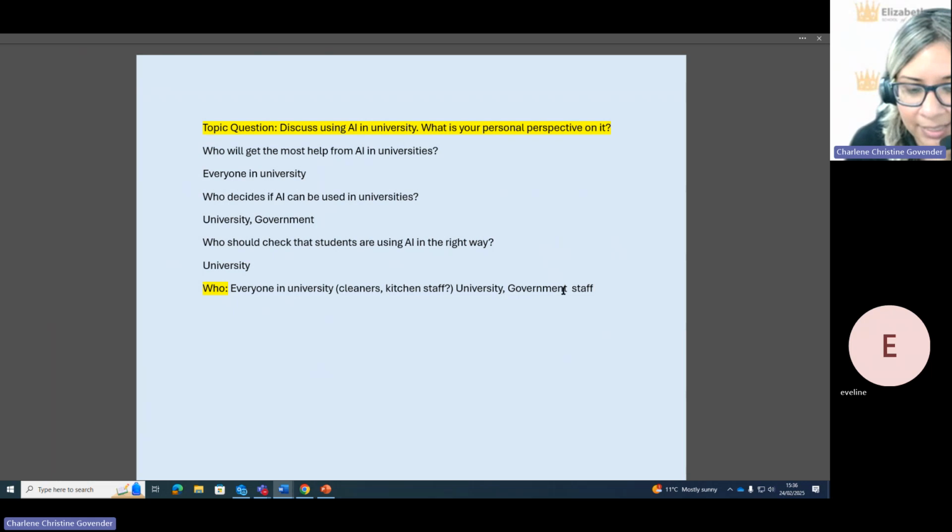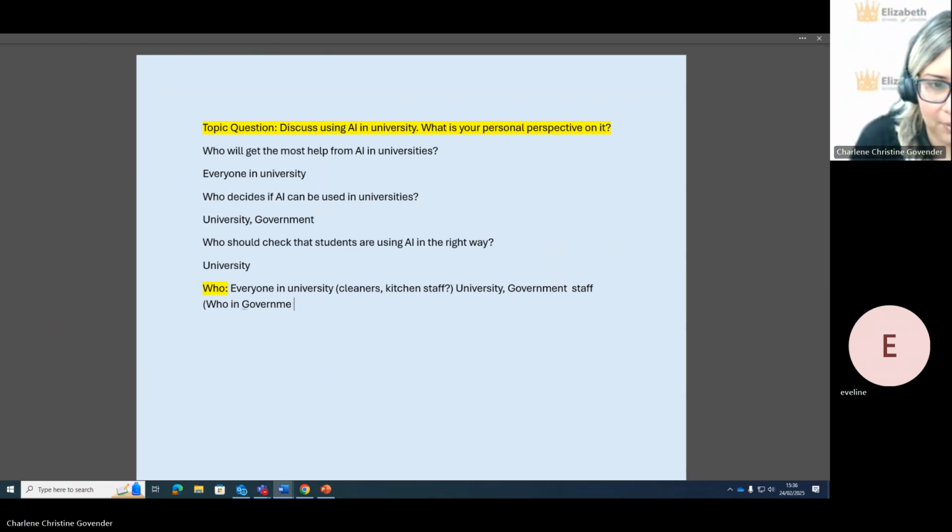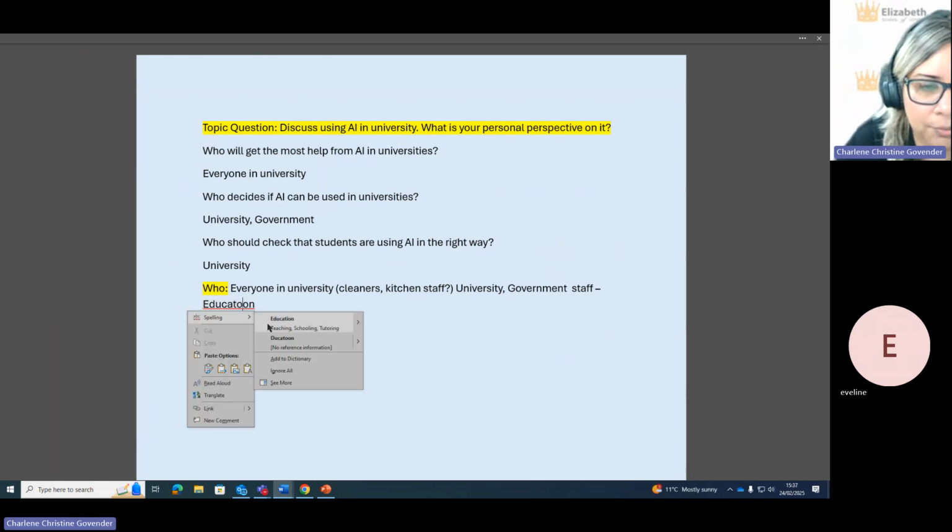But then again, it will be who in government, because government is also very large and it's made up of different subsections like finance, business, education. Exactly. So we can now change that to education. Okay, do you see how we have branched off and now we know it's education? Oh, I spelled education wrong.